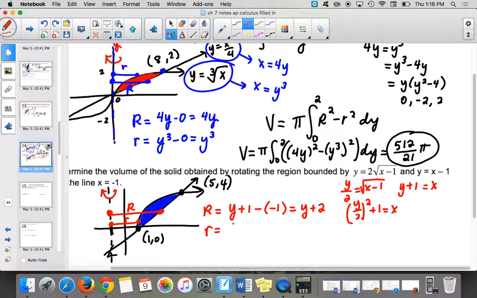So I'm going to say y over 2 squared plus 1, and then minus that negative 1 that was on the left. That's coming from this line here. So it was the right side minus the left side. So that ends up being y squared over 4 plus 2.